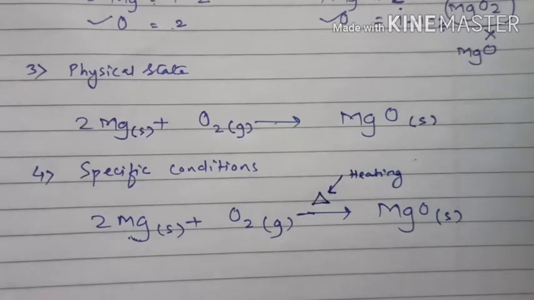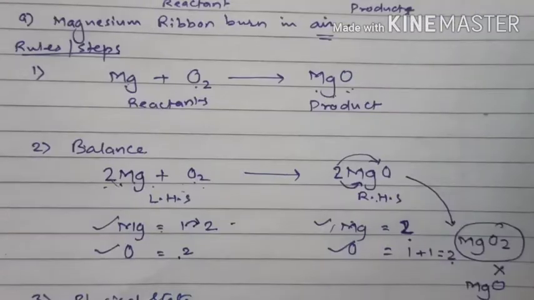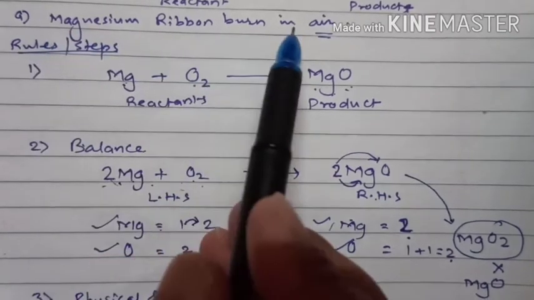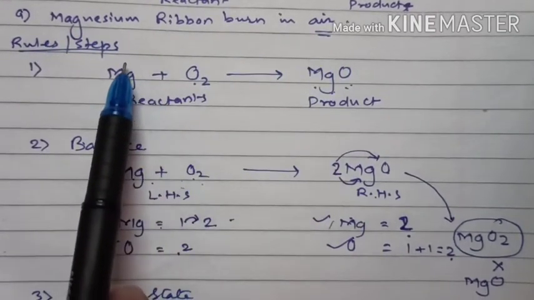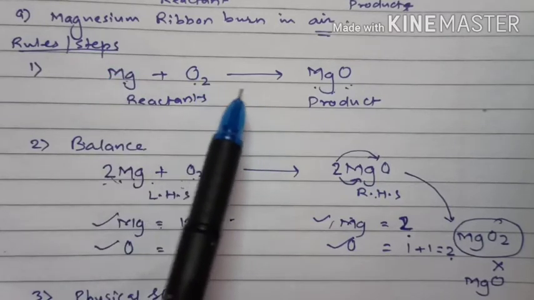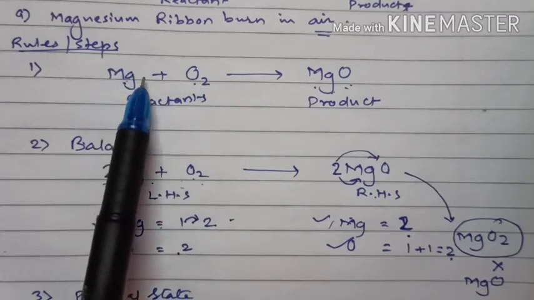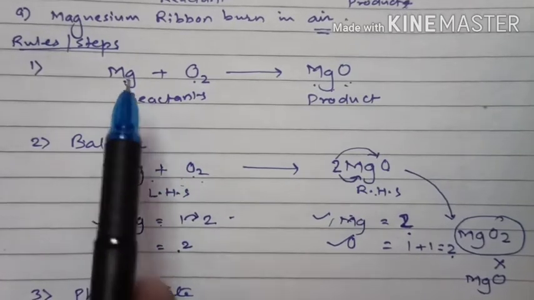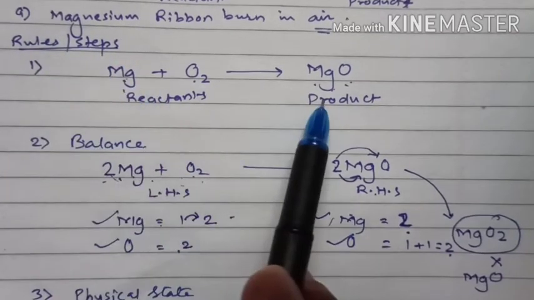To summarize, when a sentence is given like this and we have to convert it into a chemical reaction, follow these 4 steps. First, write the corresponding symbols.